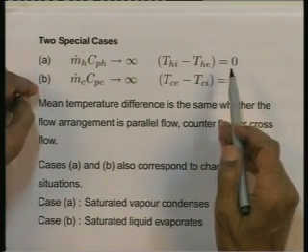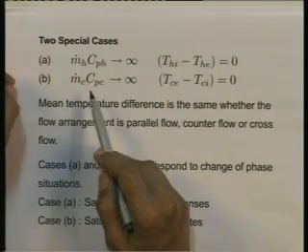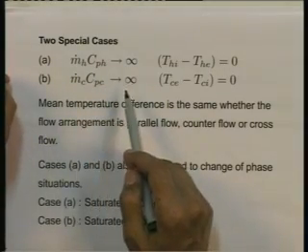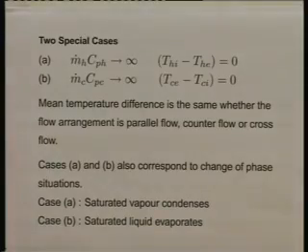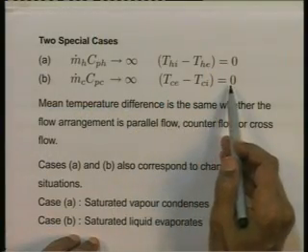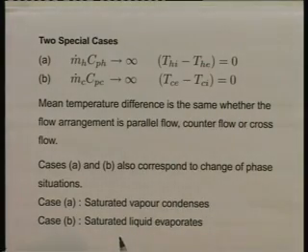B is the reverse case, the other case, that is m dot c Cpc tends to infinity. The product of the flow rate and the heat capacity on the cold side is tending to infinity, and therefore, Tce minus Tci is tending to 0. So, these are 2 special cases.